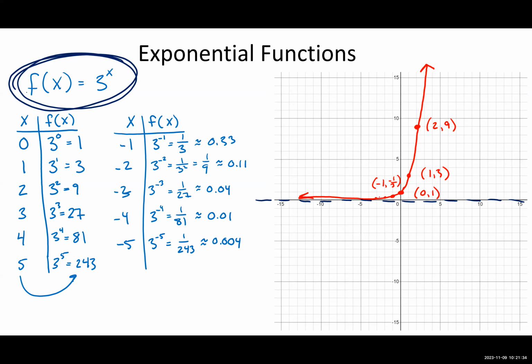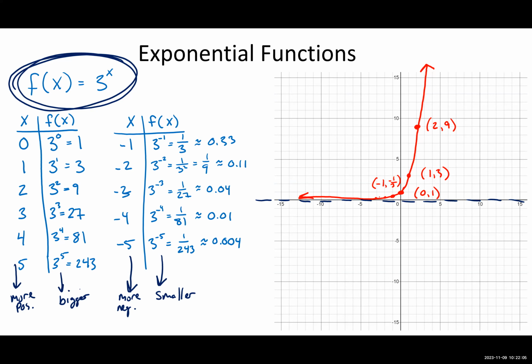So for every x value, you're going to get a positive y value. As the x values get more negative, the y values are getting smaller. As the x values get more positive, the y values are getting bigger.